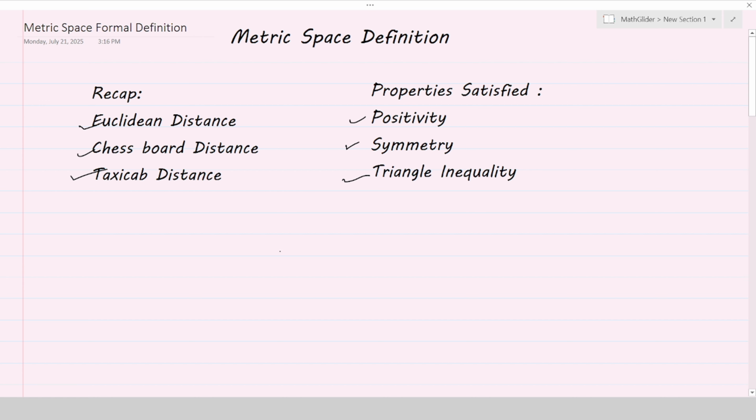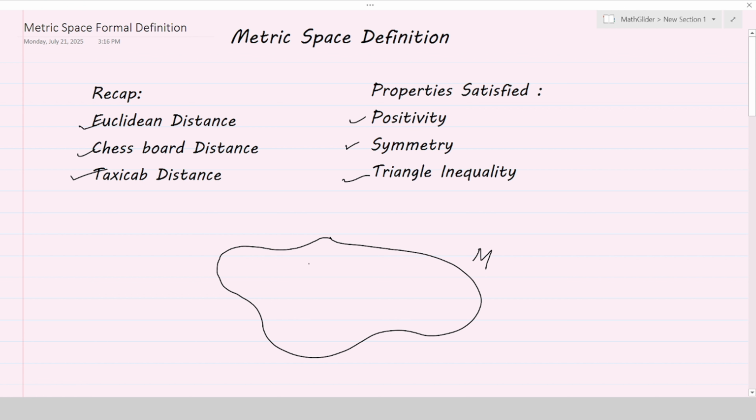So we have a general idea of how we are going to define the metric space. We will use these three properties. We will take a general set, which we will call X or capital M. It is generally denoted by this M symbol.